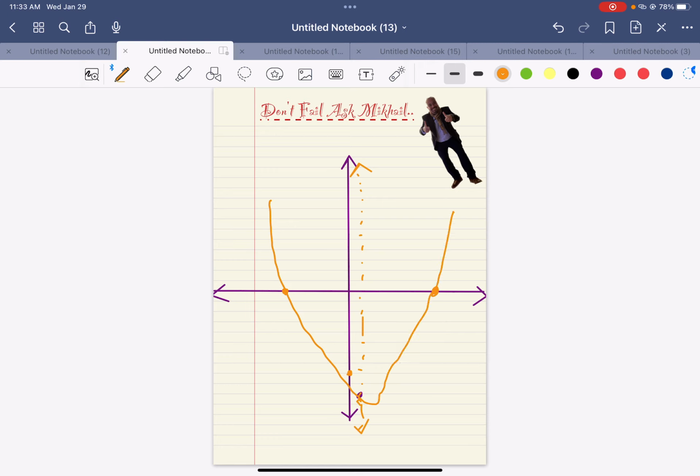Let me do a better job. Let me see if I can use this animation here. Oh, it came up to be an absolute value. I do not like that. So let's try again, one more time. It cannot be an absolute value. Oh, I like it.